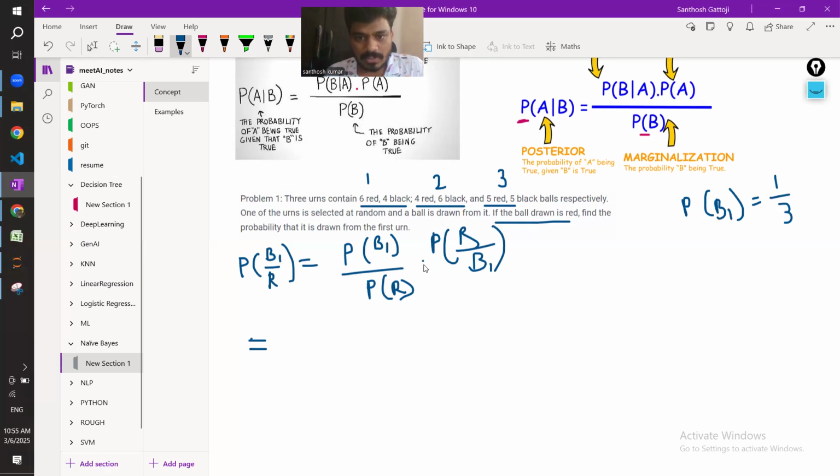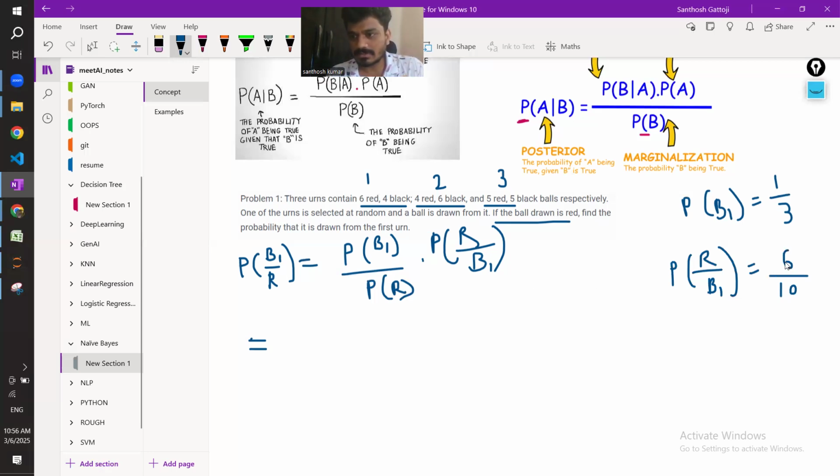Now probability of picking a red one from the box B1. Given that it is box B1, what is the probability of picking a red one? Now this is box B1. In that, what is the probability of getting R? In box B1, how many balls are there? 6 red plus 4, 10 balls are there, and out of that, 6 are red balls.